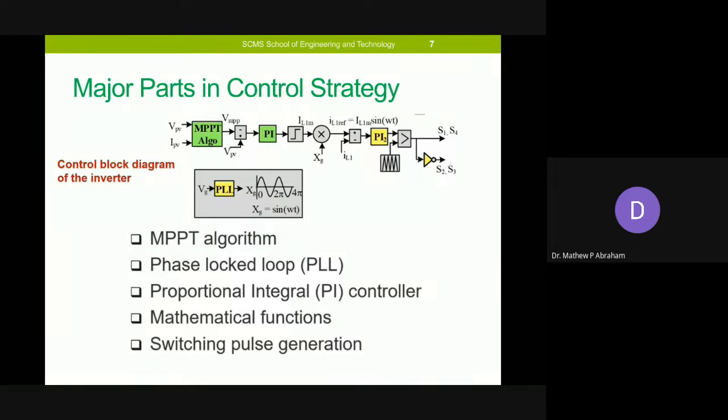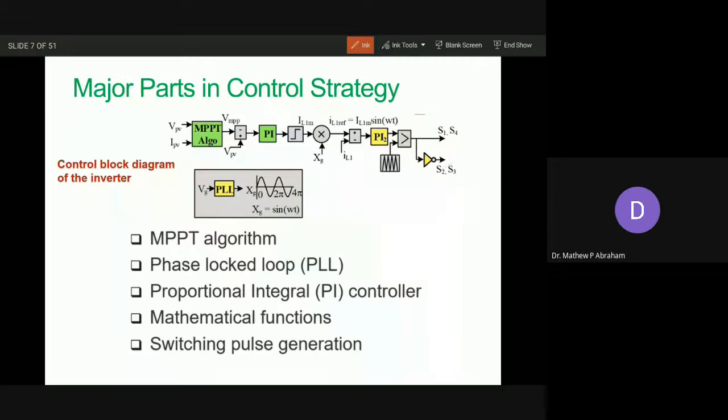So in a grid connected inverter, in the control strategy, we have to program all these stuff, right? We have to create an MPPT algorithm, which is already available in MATLAB. We have to program a phase lock loop, which is again available in MATLAB. PI controller, again available in MATLAB.